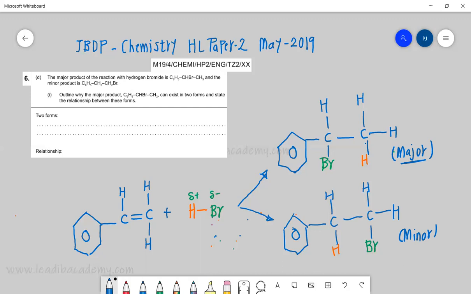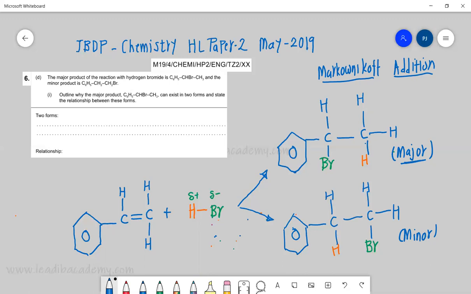Why is it so? The reason is that this is as per Markovnikov rule, Markovnikov addition. So why is it so? It is based on the stability of the carbocation.